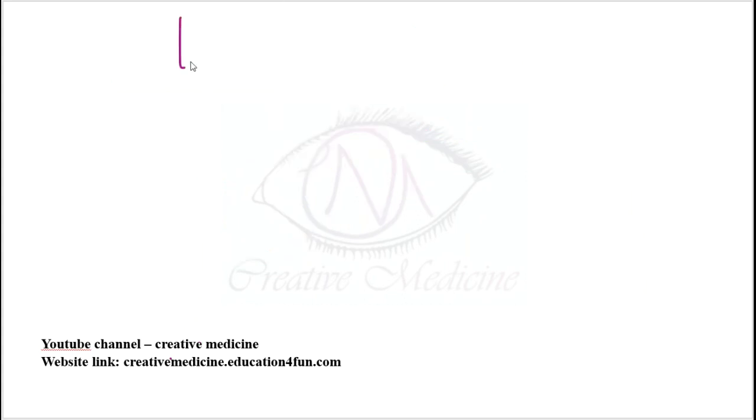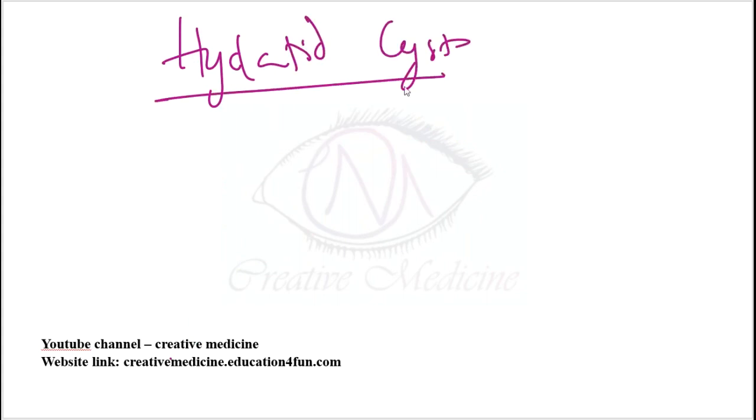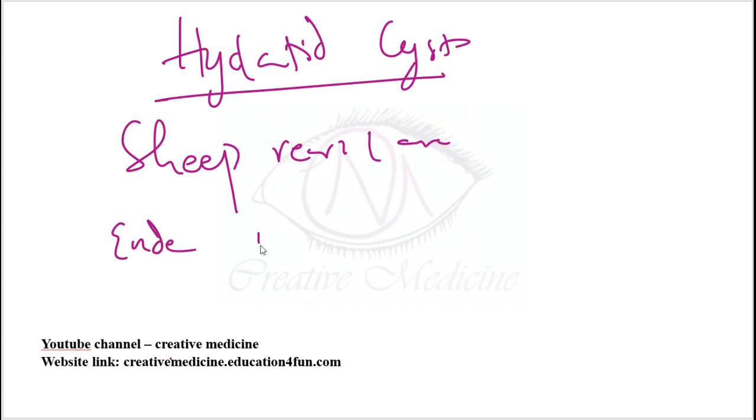Then the next important topic is something called hydatid cyst. This is a zoonosis which is primarily seen in sheep rearing areas of the world. So it is endemic, especially in Mediterranean countries, the Middle East, the Far East and South America.